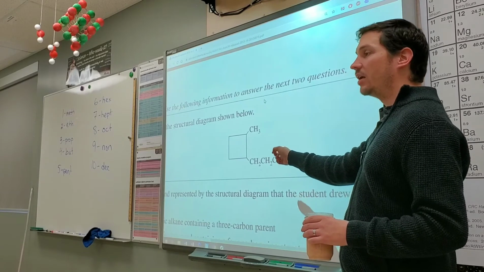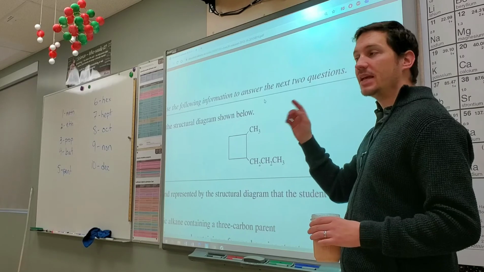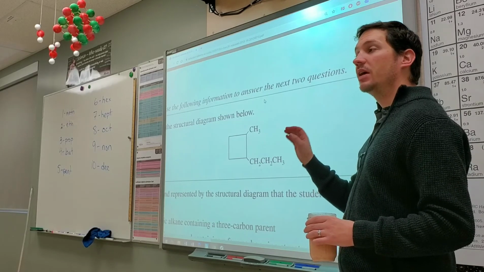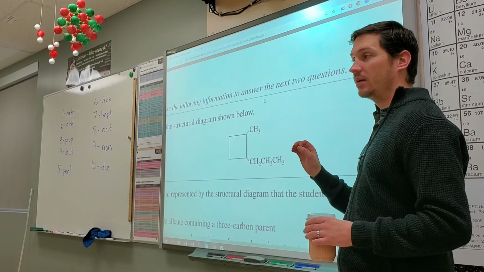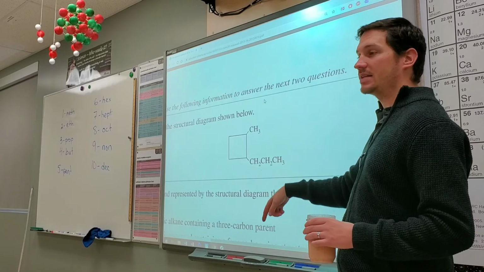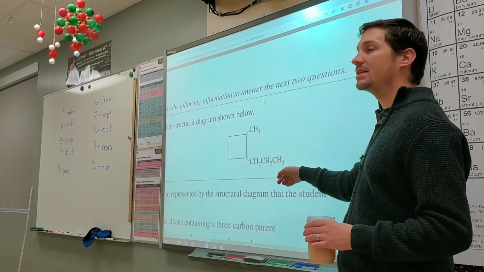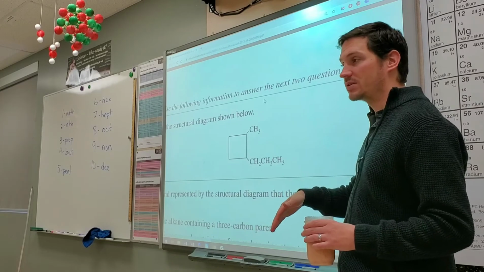Again, what is the definition of an isomer? Not the same number of carbons, the exact same chemical formula. If this one has 8 carbons, the other one has to have 8 carbons. If this one has 12 oxygens, the other one has to have 12 oxygens.